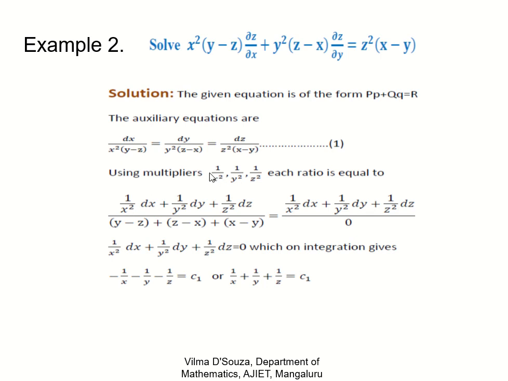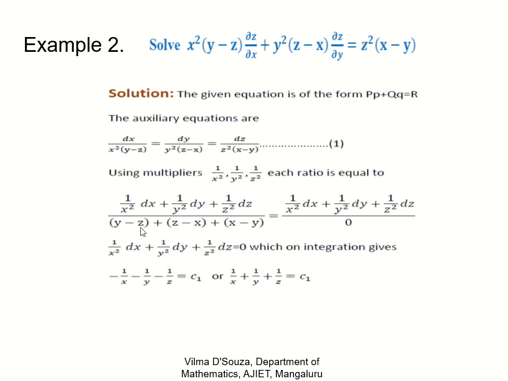So first use the multipliers 1 by x square, 1 by y square and 1 by z square. So what you get is 1 by x square dx plus 1 by y square dy plus 1 by z square dz in the numerator. In the denominator you will get 1 by x square into x square into y minus z, so x square gets cancelled, plus 1 by y square into y square into z minus x, y square gets cancelled, plus 1 by z square into z square into x minus y.